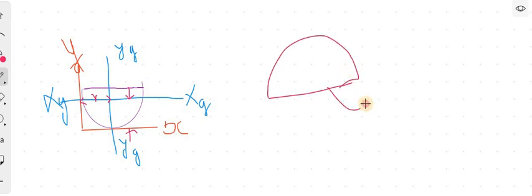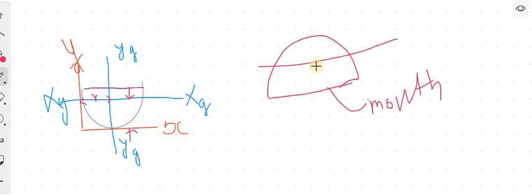For example, you consider this to be the mouth portion. From mouth to center only, the formula we derived, that is 4r by 3 pi. But here you see the other direction. So from here to here, what is the distance? 4r by 3 pi, that formula we derived, right?